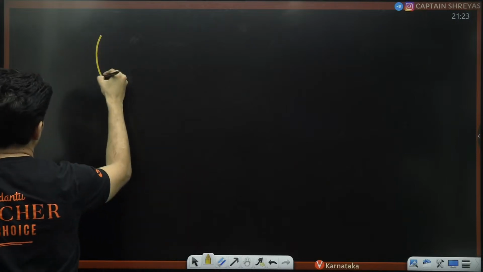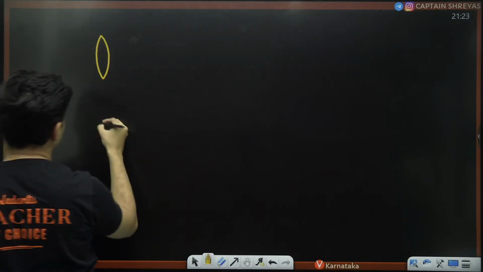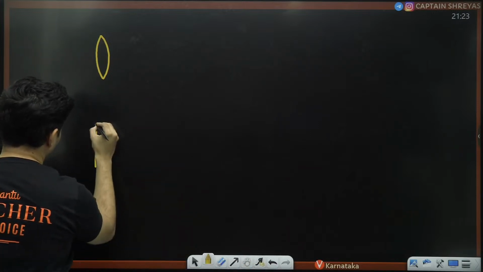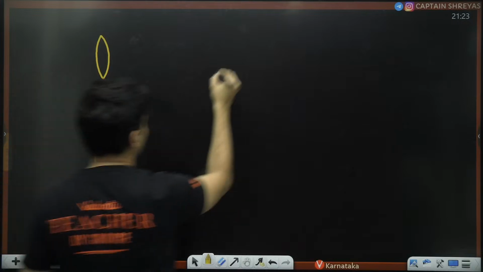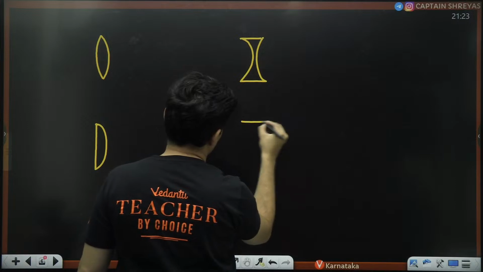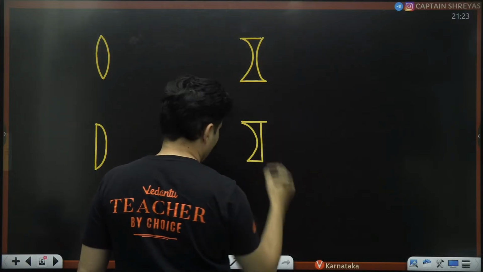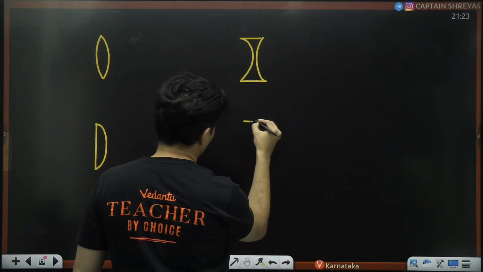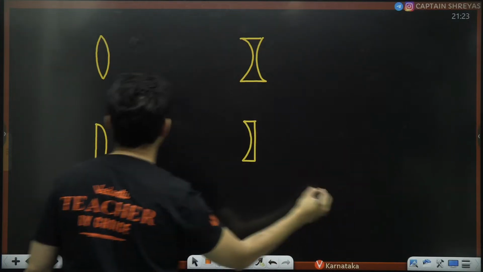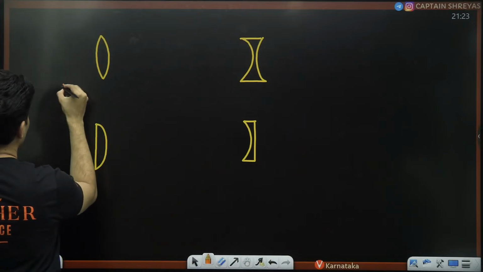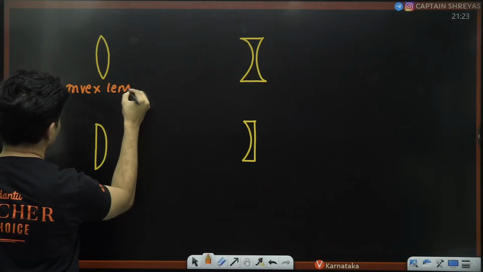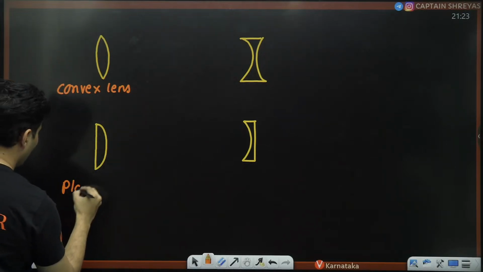First of all, this type of a lens, then this type of a lens, this type of a lens, and this type of a lens. What are each of these types of lenses called? This is basically a convex lens.